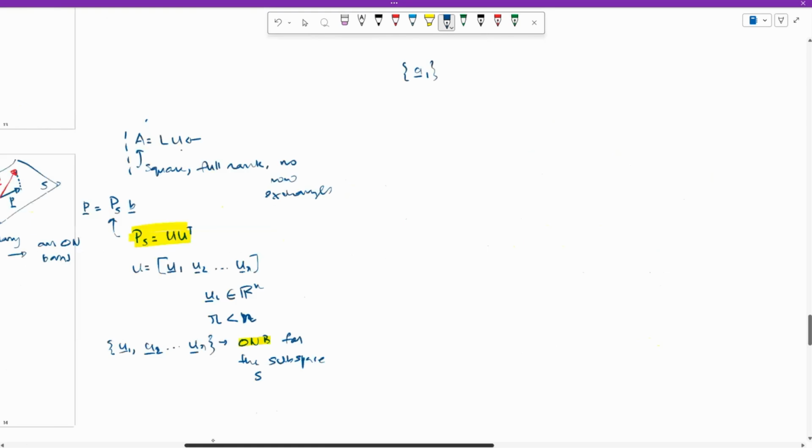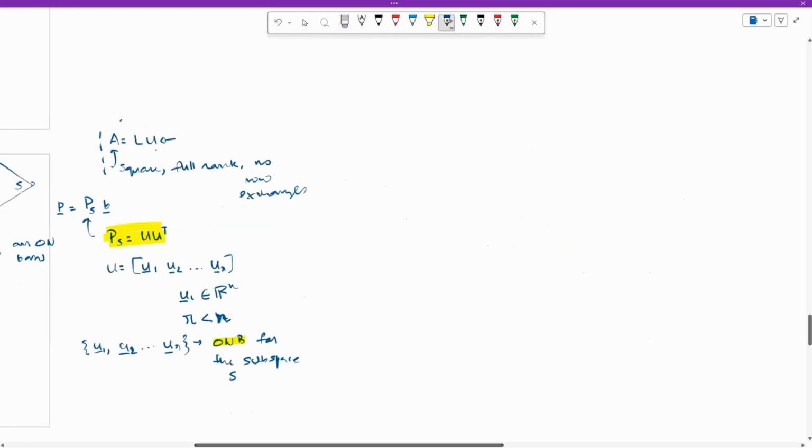So we have x1, x2, up to xn. I'm going to stick to what is there on the slides. Okay. Xi belongs to Rm. The span of this will be some subspace.